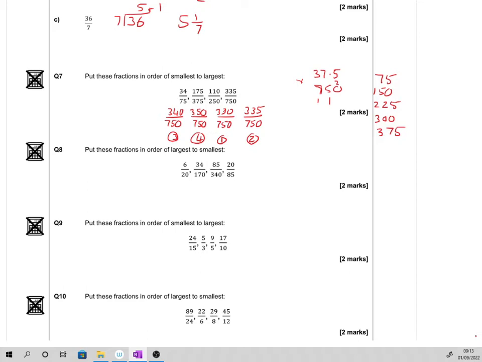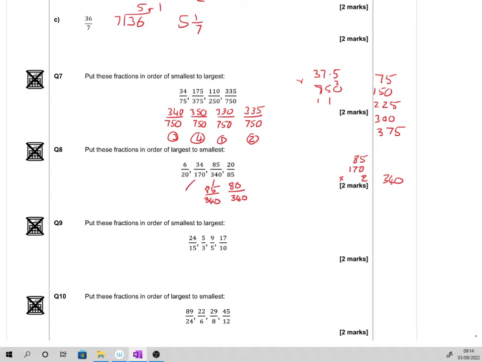Right, well, what can we do for these? We've got to find a common denominator. 85 and 85 is 170. Oh, right, okay. So look, 85, double it, 170, times that by 2 gives me 340. So 340 looks like it's going to work. So I need to multiply that by 4, which gives me 80 over 340. That one's the same, 85 over 340.